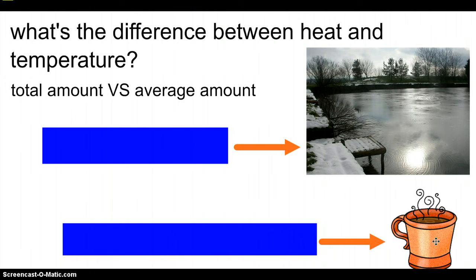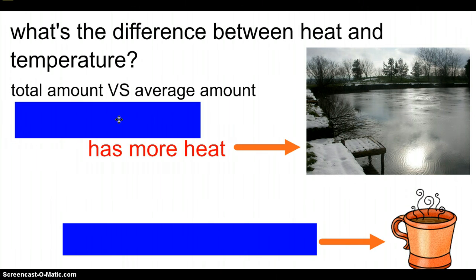If you think about heat as the total amount of thermal energy in a system, the lake on the winter day is going to have more heat because there's a whole lot more molecules that are moving in that lake. As a result, the lake is going to have more heat.